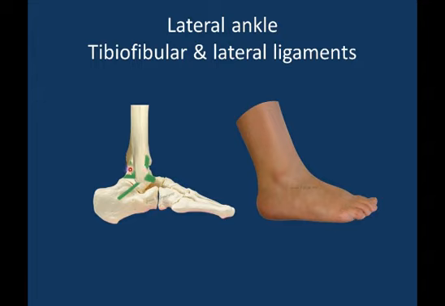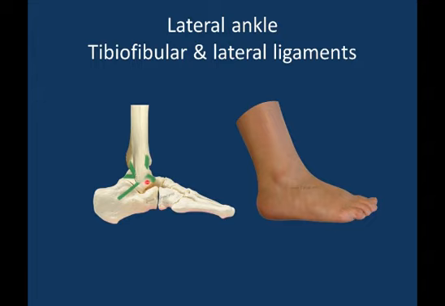The anterior and posterior tibiofibular ligaments pass upwards and medially from the lateral malleolus to the distal end of tibia, anterior and posterior to the distal tibiofibular joint. The lateral ligament has three components: the anterior talofibular ligament, the calcaneofibular ligament, and the posterior talofibular ligament.